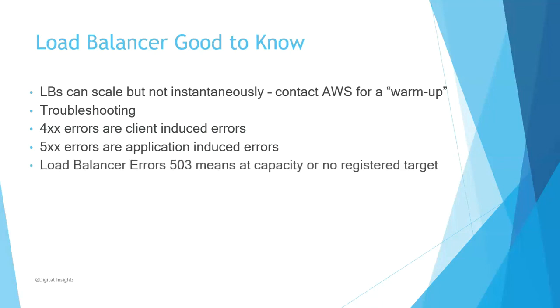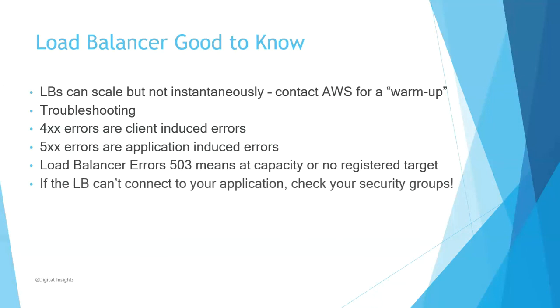And if you find a 503 error, it means the target group, or you can say the nodes, the EC2 instances, are not registered, or maybe they are at capacity. If the load balancer can't connect to your application, check your security groups. Obviously, if you don't allow the security groups to access that particular port and application, it will fail.